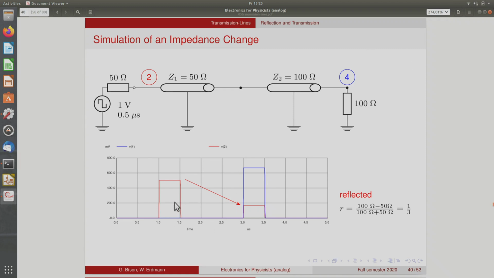Still, the incoming signal, if you observe it here, you will see the following. The incoming signal is reflected back, and you'll see it again with a reduced amplitude. So the reflection coefficient is 1/3. So 1/3 of the amplitude comes back to your source. But the rest of the signal, so 1 plus 1/3, travels on.